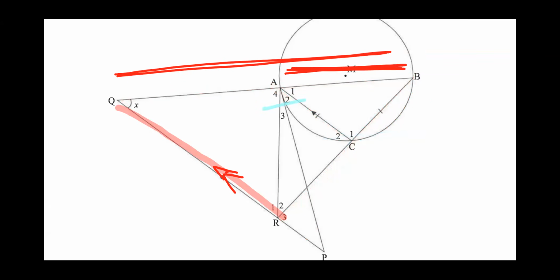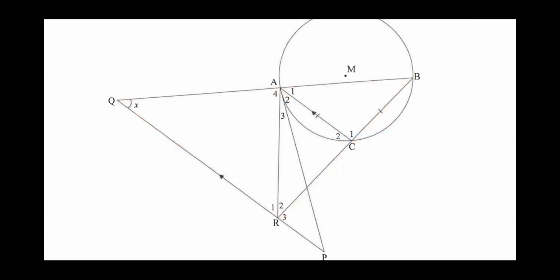Now, is that true? Is BR equal to QR? If you say so, what's your reason? Are these two lines equal? Yes or no, and why?